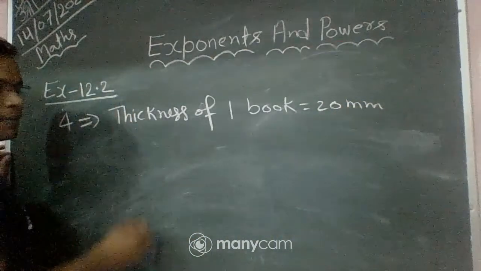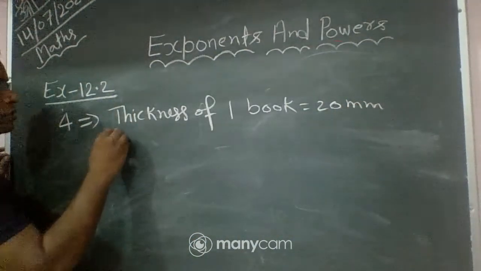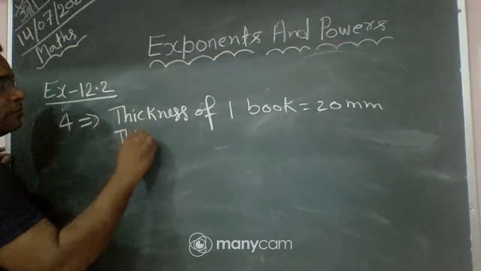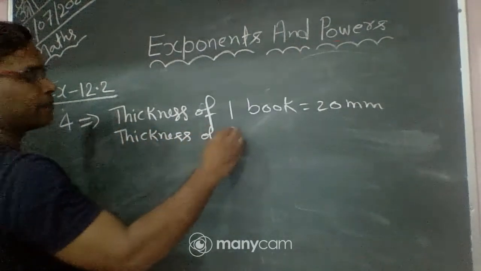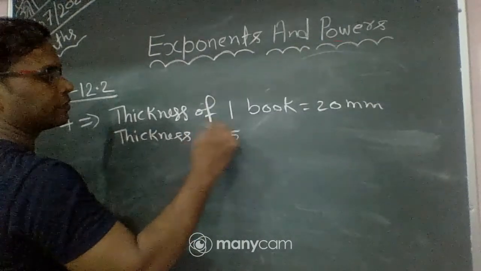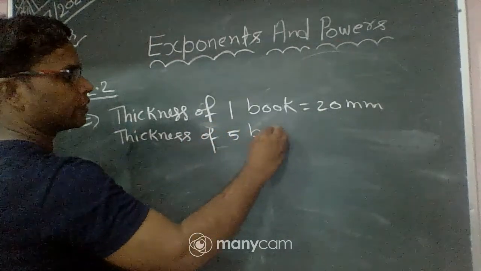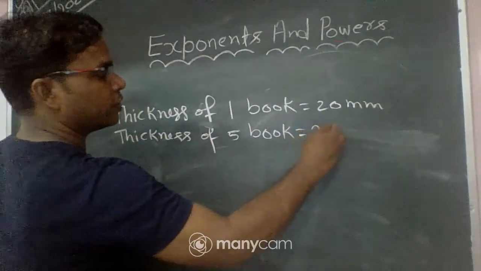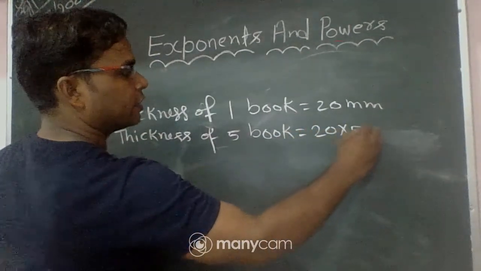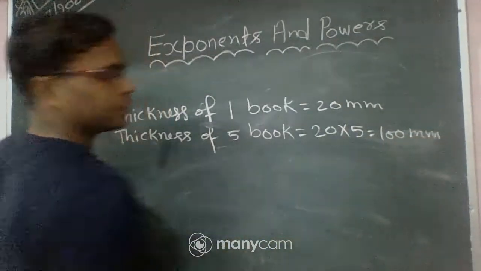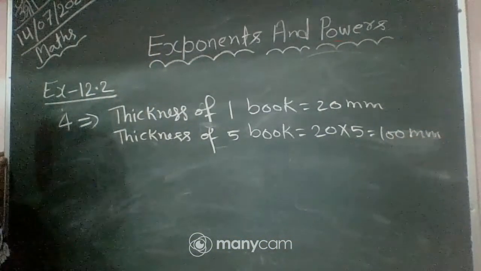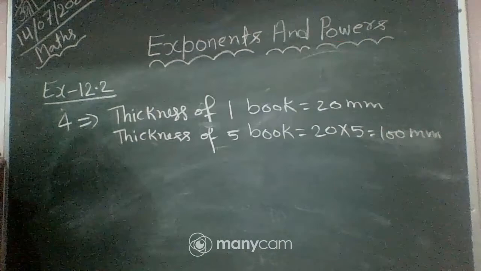Okay, this is given. So we have 5 books. So find the thickness of 5 books. This is 20 into 5, 100 millimeter. Clear?